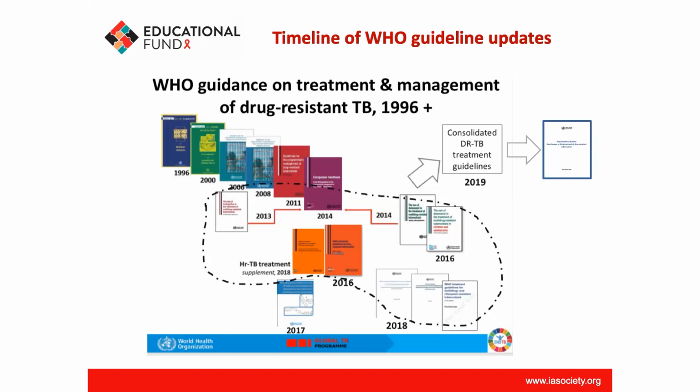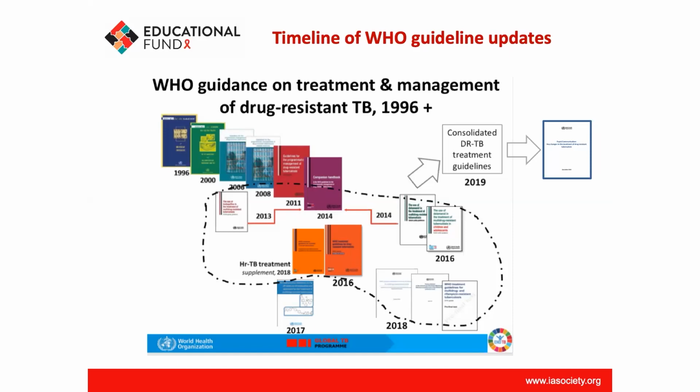And I won't go all the way back, of course, until 1996, when the first guidelines came out for programmatic management of drug-resistant tuberculosis. But as you can see from the circled area here, there has been a lot of activity in terms of updated guidance for the management of drug-resistant TB for adults, for children, using the new agents, the drugs bedaquiline and delamanid.